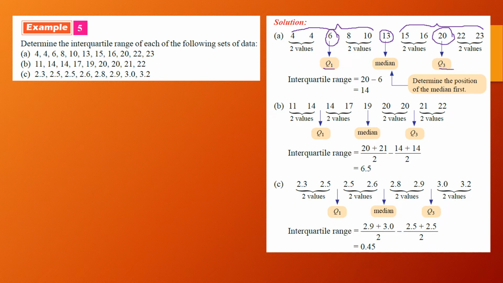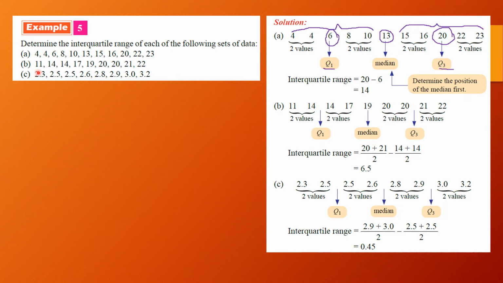So interquartile range is third quartile minus first quartile, that is 20 minus 6, 14. So remember, first, identify the median, then you identify the first quartile before the median, and the third quartile after the median. Then interquartile range is third quartile minus first quartile. So here 20 minus 6, 14.